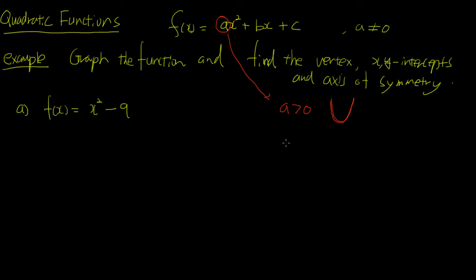If this a is less than 0, then we're going to have a U-shape downward like this. Here we have a equal to 1, which is positive, so we are expecting something like this shape. So let's find the x-intercept first.